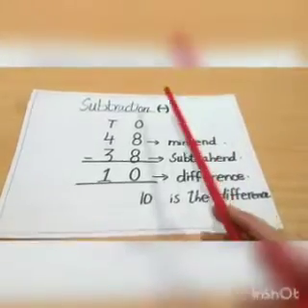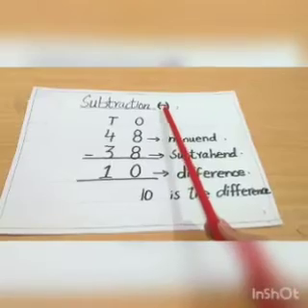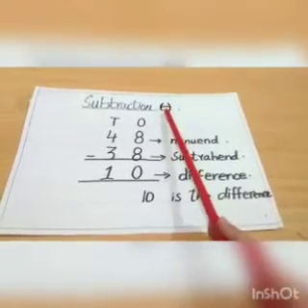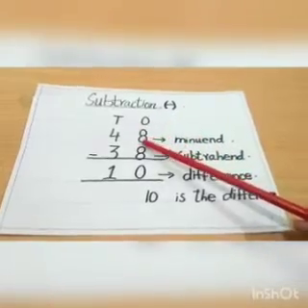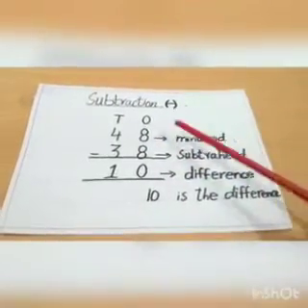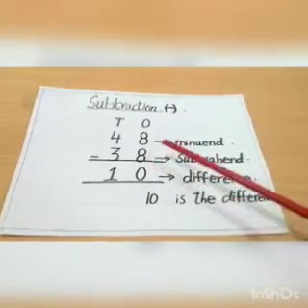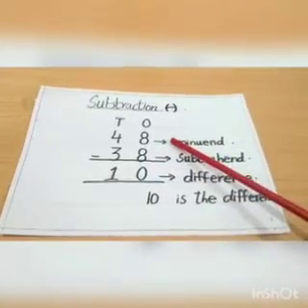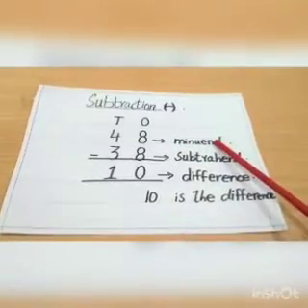Okay class, we use the subtraction sign to write the subtraction sentence. Do you remember the term used for the number from which a number is subtracted? It is called the minuend.